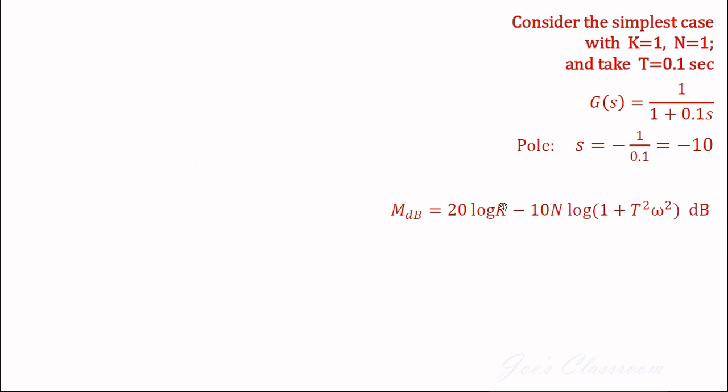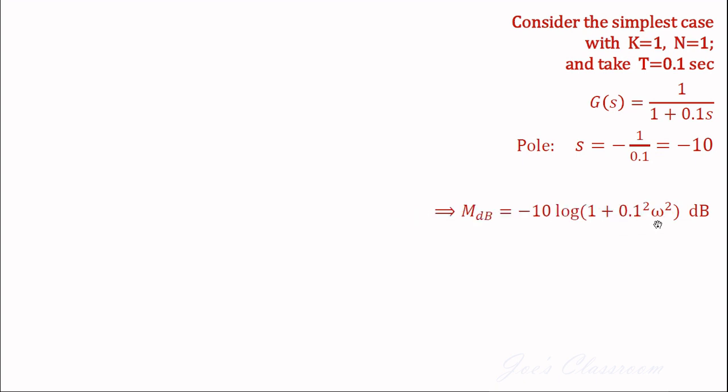Also, the magnitude in decibels is given by this expression. In general, k is here 1, and therefore log 1 is going to be 0 and 20 log k is going to be 0, and this term is going to vanish. And what about this? N is equal to 1, and therefore minus 10 log of 1 plus 0.1 square omega square.